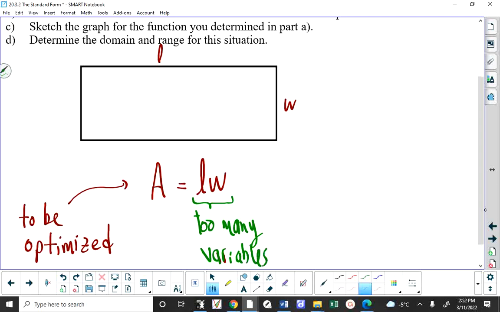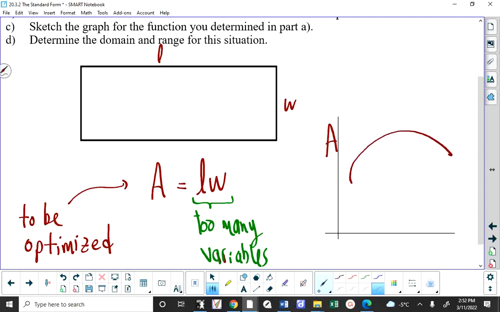And the reason it has too many variables is we would like to be able to imagine a graph where we have area here and one other variable on the horizontal axis, because then you can find out where the max is. Right? The max is where the vertex of this is going to be. But you can't graph y if you have x and z as well. So we have to get rid of one of these variables.